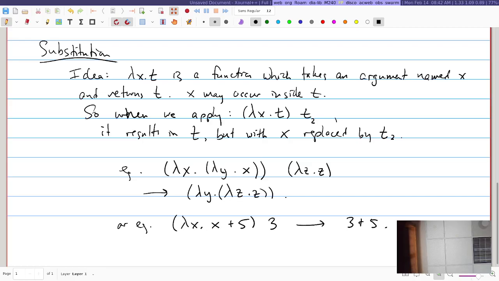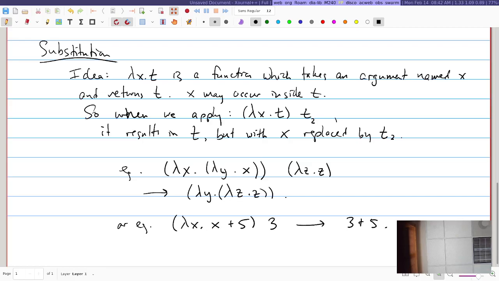So I take that function and I apply it to an argument. The argument I'm applying it to in this case is lambda z dot z, right? It's like when you call a function and you pass it an input. I'm calling this function and passing it lambda z dot z as its argument. So when that function runs, this is now the value that x is going to have.